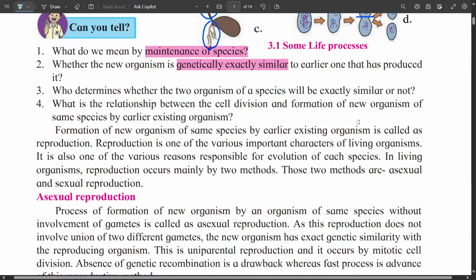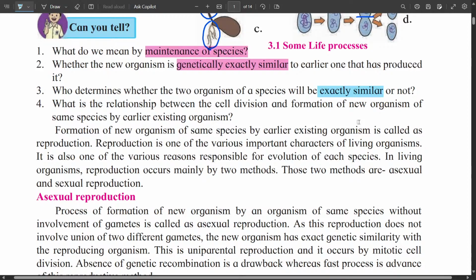So in case of sexual reproduction, the progeny is not genetically exactly similar to its parents. Who determines whether two organisms will be exactly similar or not? Their DNA, their chromosomes.